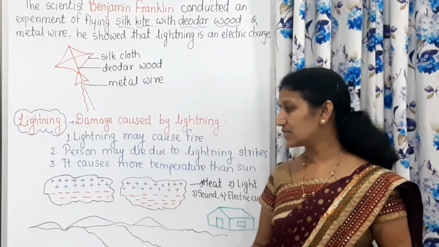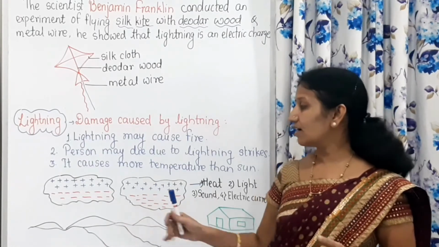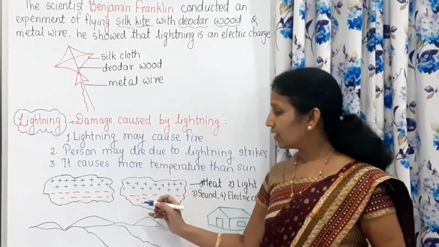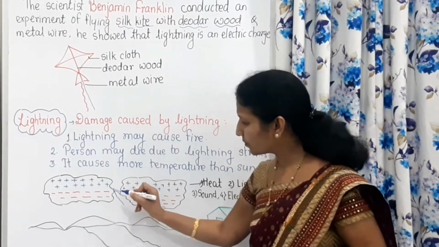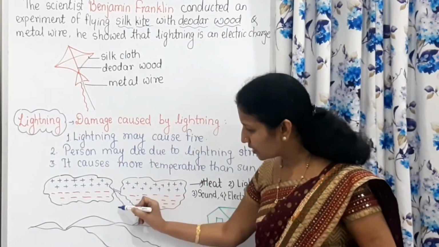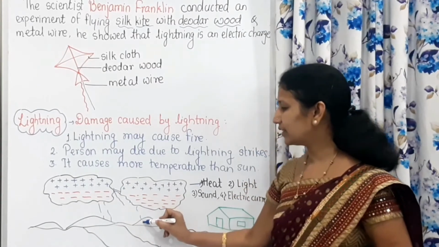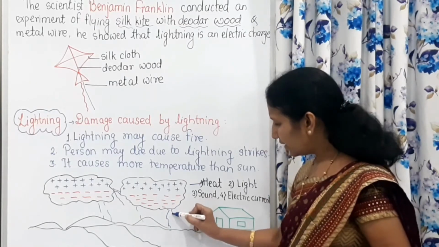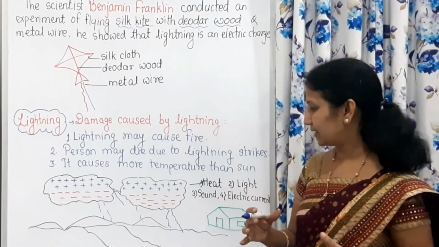And what happens? It becomes bulkier because of these negative charges, they are more, and there is a lightning strike, and these negative charges come to the ground. When there is rain, they come to the ground, and this lightning also reaches the ground in the form of a lightning strike.